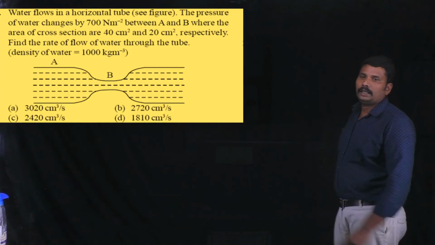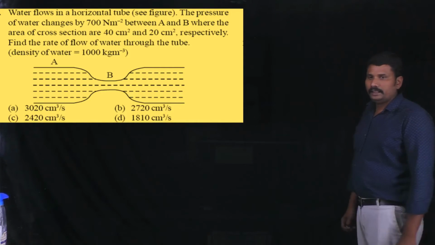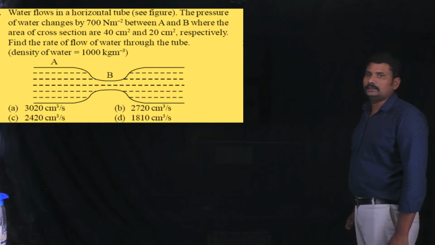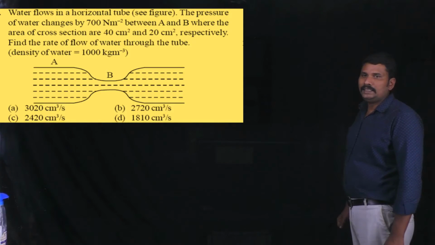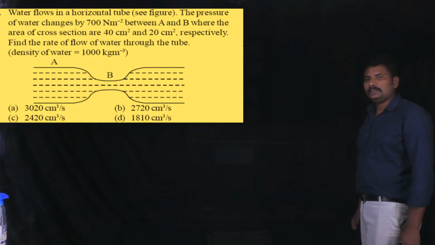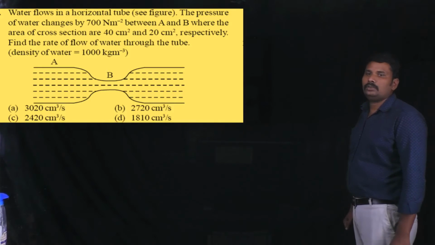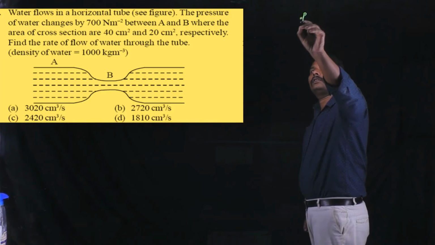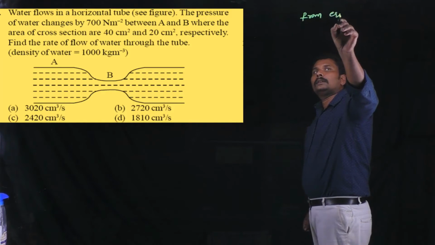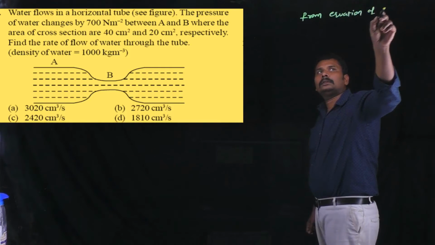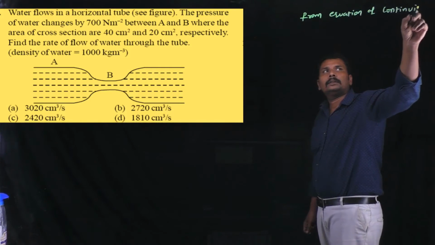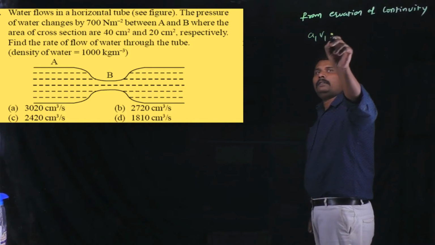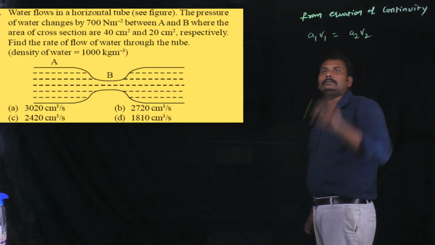Here there is a horizontal tube. At end A there is a broad neck and at end B there is a narrow neck. Due to the change in area of cross section, the velocity of the fluid through the tube also changes. From the equation of continuity, A1 V1 is equal to A2 V2.